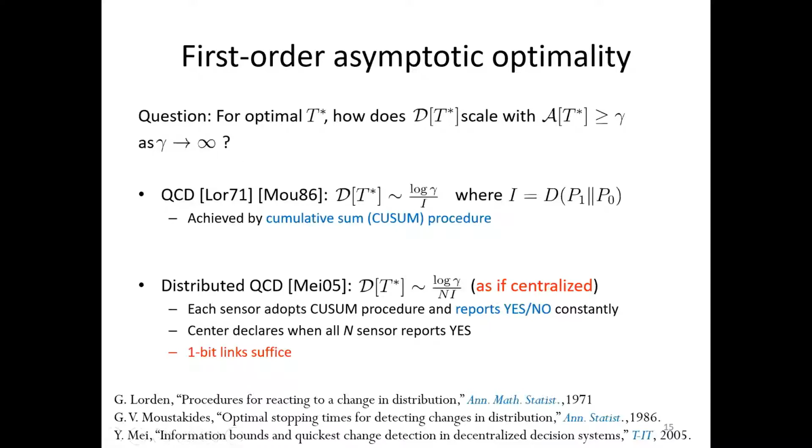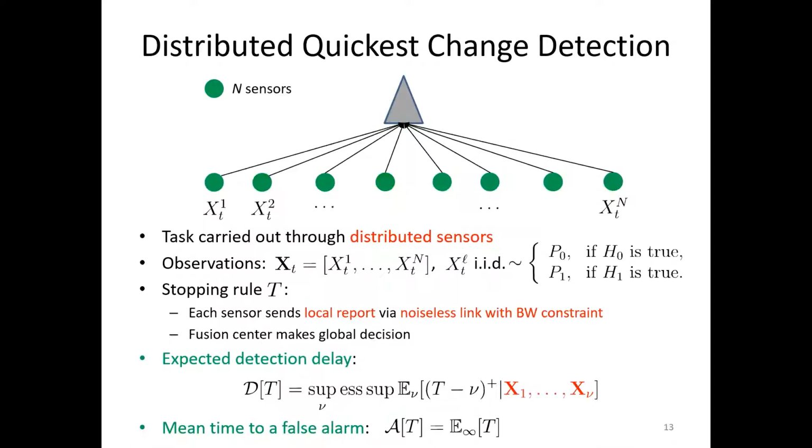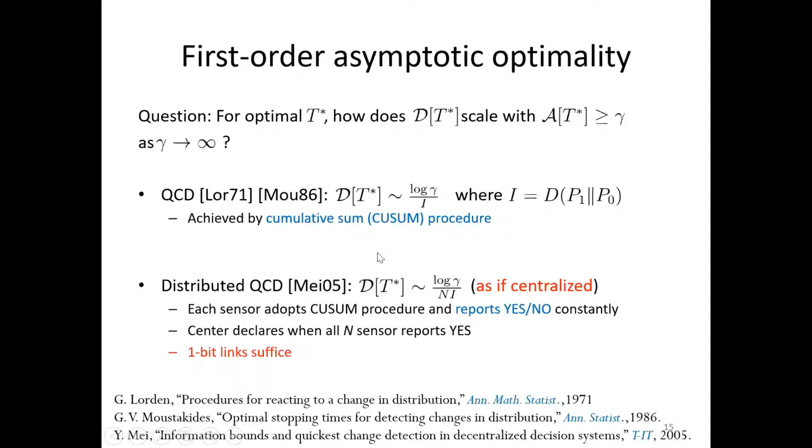Because if the problem is centralized, then the fusion center will get all the X here, so we can just transform the problem into a traditional QCD with I becoming N times I. In this paper, he shows that we can achieve this, and moreover, that this can be achieved by 1-bit links.